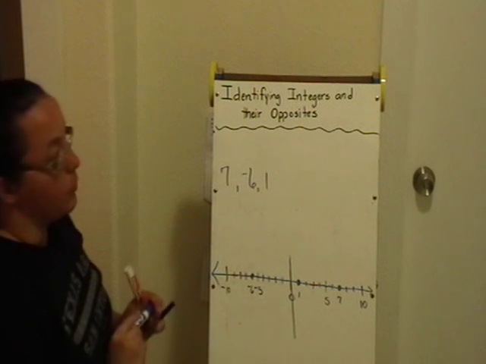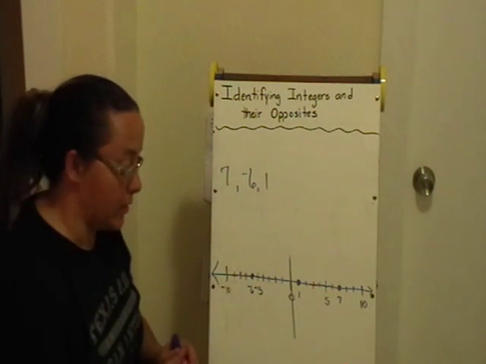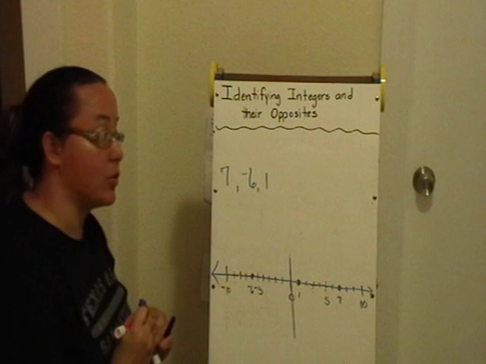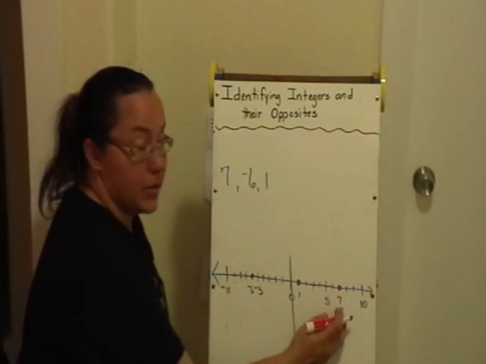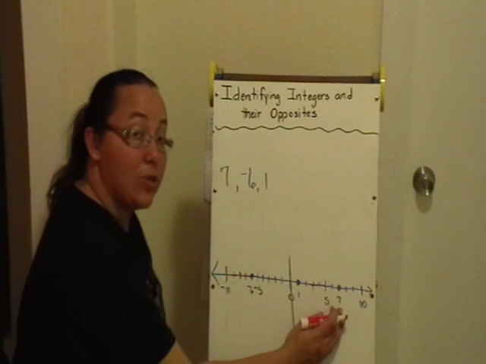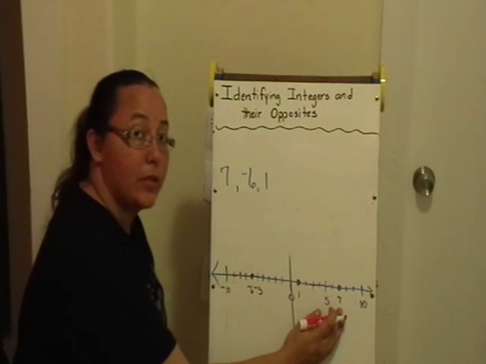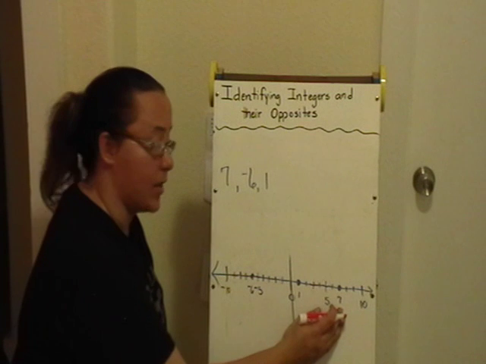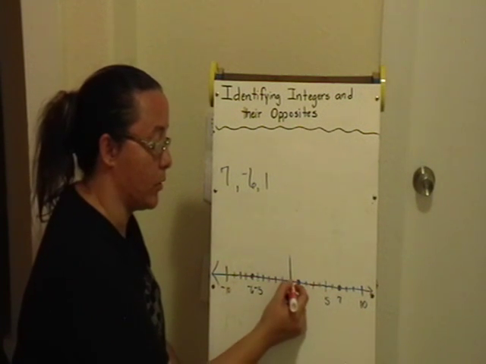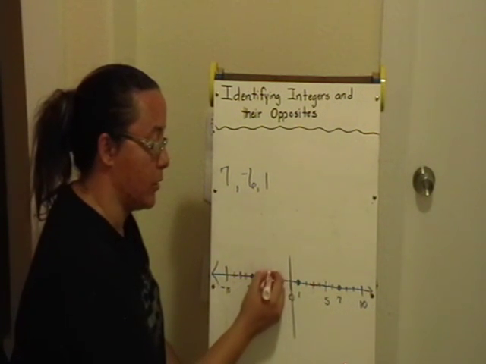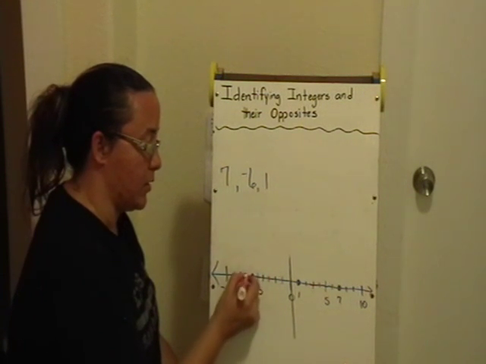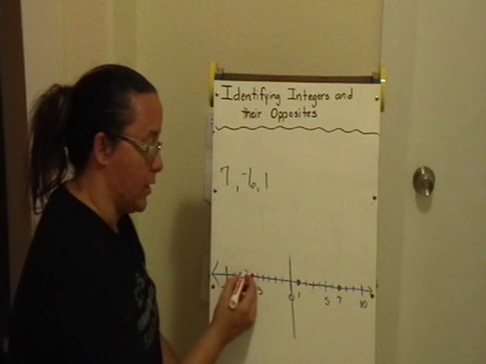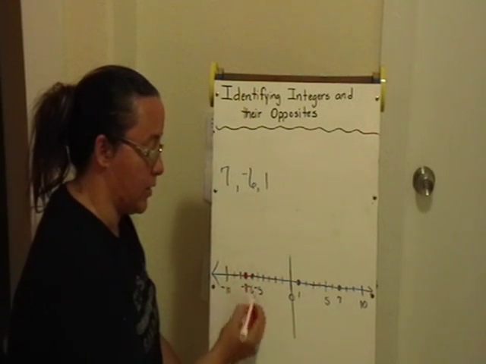So now we're going to identify the opposites of each of these integers on the number line. In order to find the opposite of 7, we know that it's going to be 7 units away from 0, but it has to be on the other side of 0. So starting from 0, we're going to go 1, 2, 3, 4, 5, 6, 7 units to the left. And so this would be -7.